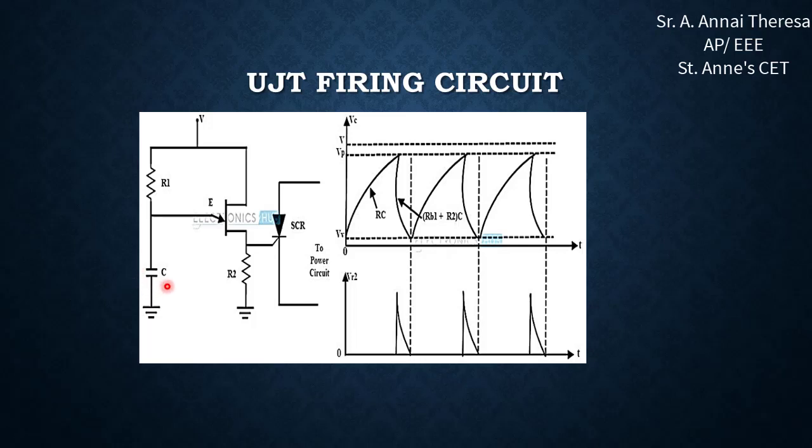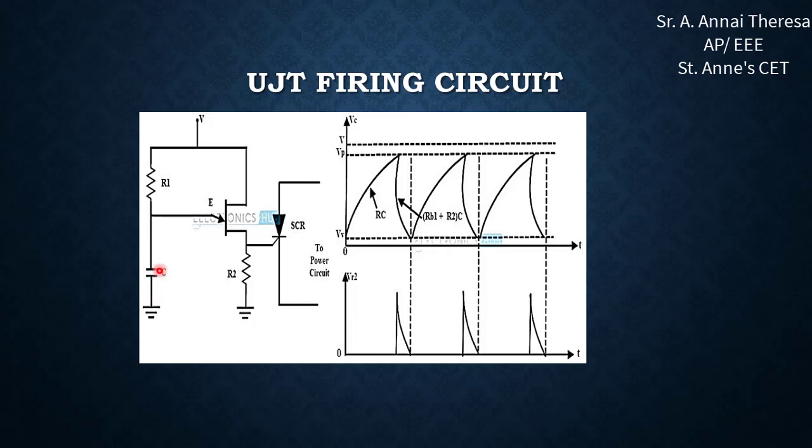Once the capacitor voltage is equal to the peak value of the UJT, the UJT starts conduction and produces a pulse output.